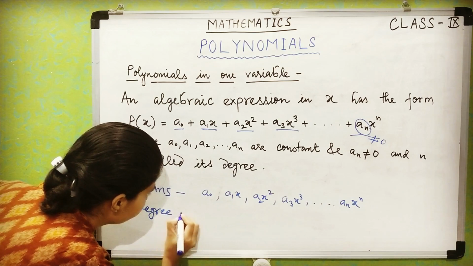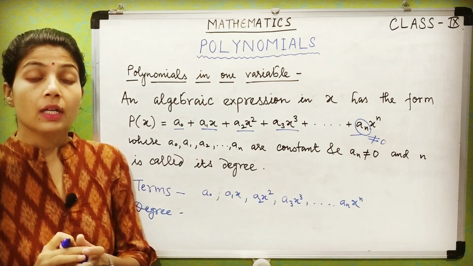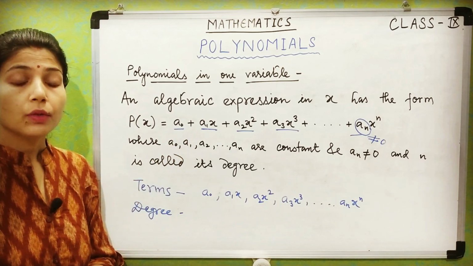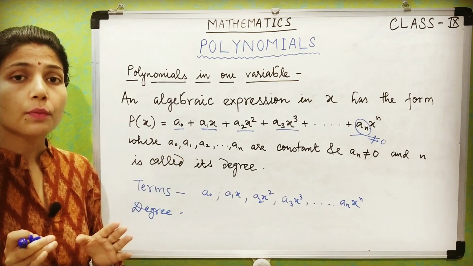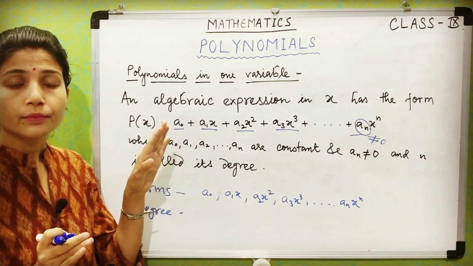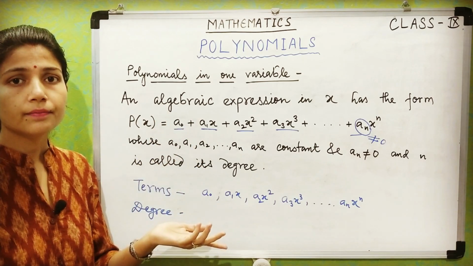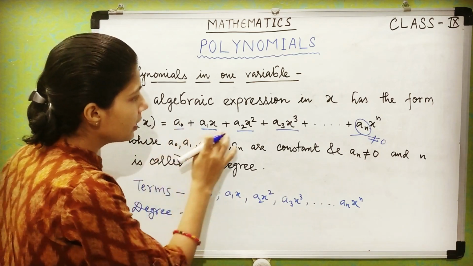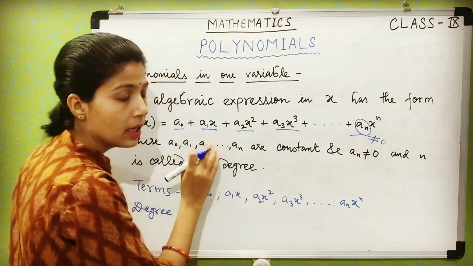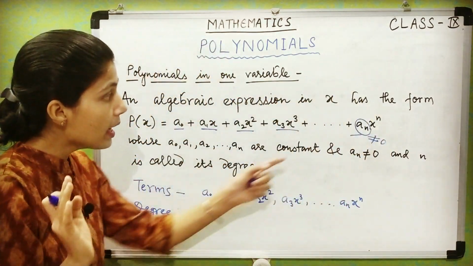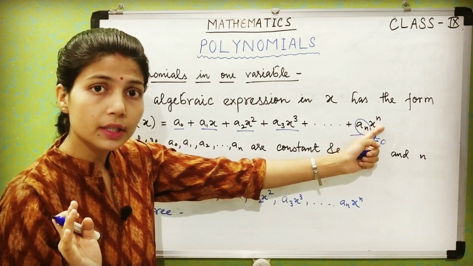What is degree? If you have any algebraic expression, okay, the highest power of the variable is the degree. Okay, so let's see this polynomial. Here the variable is x and the highest power is x raised to power n. So n here will be its degree.